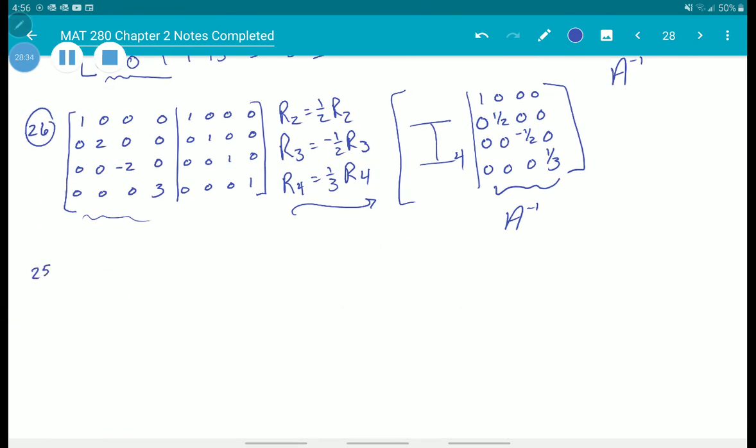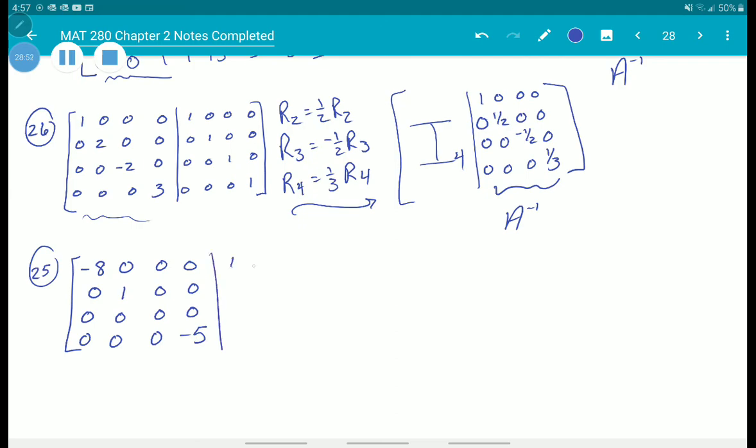And then let's look at 25. So 25 is kind of interesting. It's still a diagonal matrix, but there's a 0 down that main diagonal. So you would probably start this the same way.